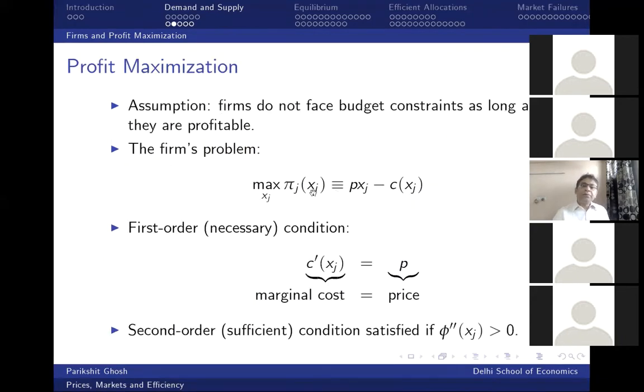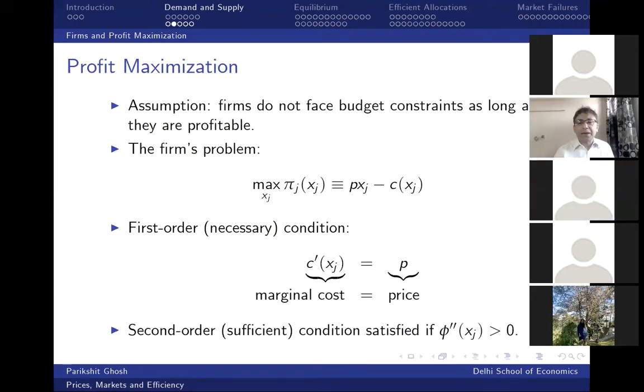So the firm is doing this profit maximization. As usual, the first derivative has to be 0, and the second derivative needs to be negative for some quantity to be a true profit maximizing amount.